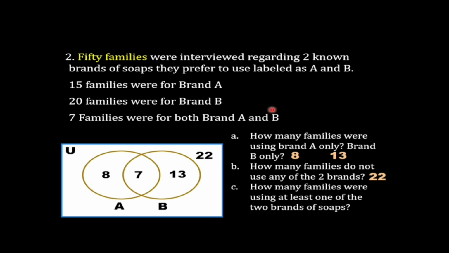The answer is 21. Why 21? Because we're going to get the sum of the families who were using for brand A and brand B alone. So that's 8 plus 13. The answer is 21. Okay, let's now proceed with problem number 3.